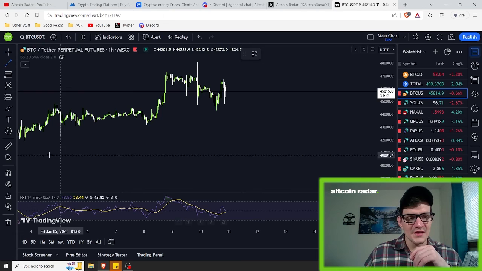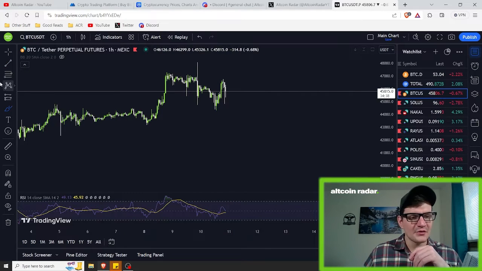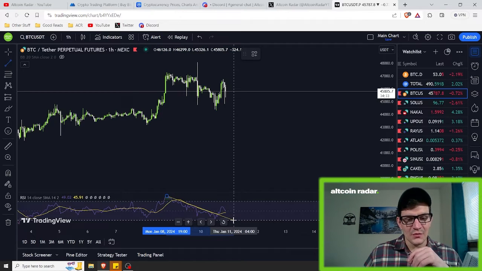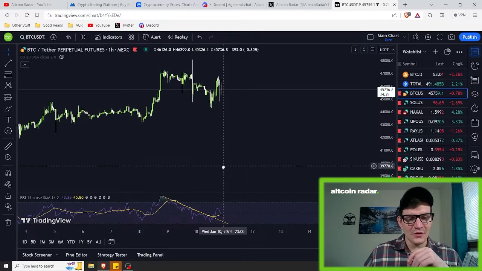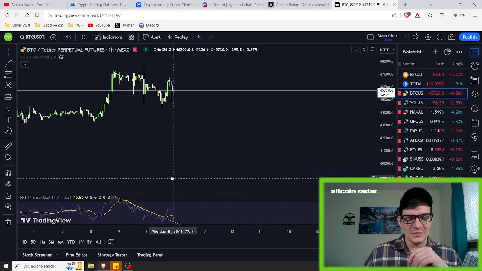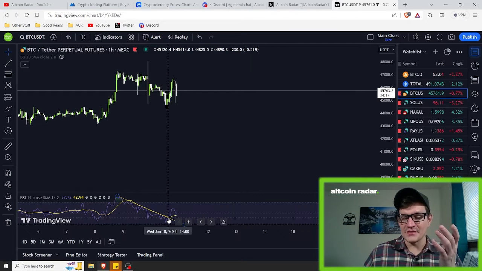So before this big mound was created, if I would have created a trend line from the top here all the way to the bottom right here, what I would have been looking for is a breakout. I would have been looking for a breakout right above this trend line, and that's going to tell me that, okay, we're about to start being bullish again.